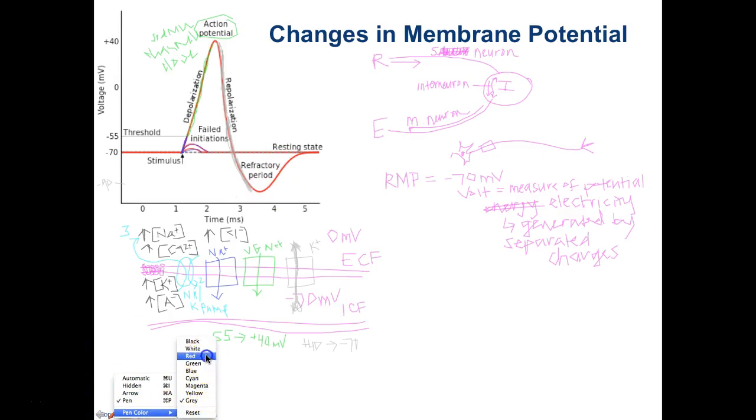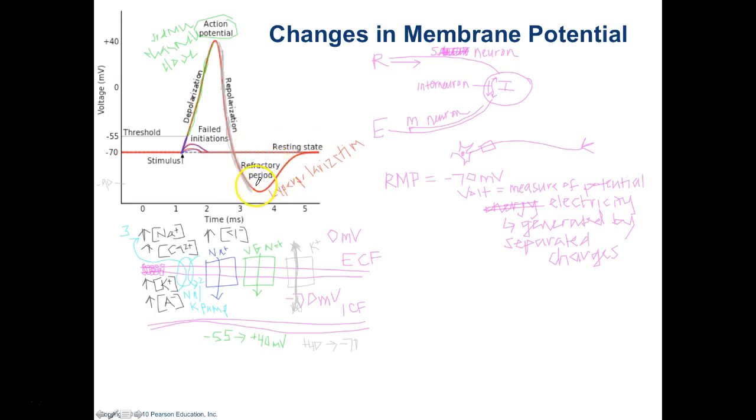This is called hyperpolarization. Hyper, like you're really hyper or excessive. Polarization. Okay. And this is also known as the refractory period.